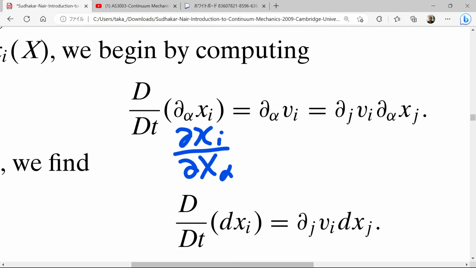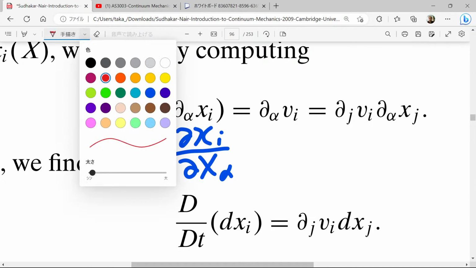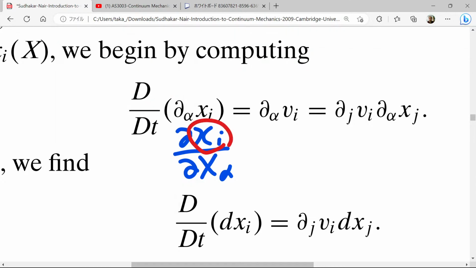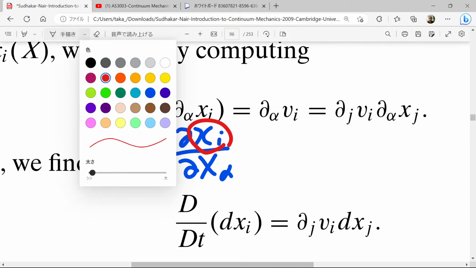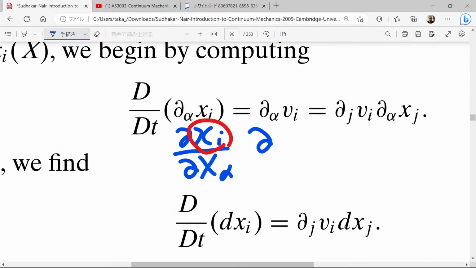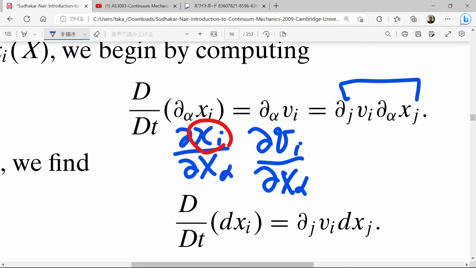And then only this is time dependent. So we obtain partial Vi, partial X alpha, right? Then we have this j summation, right?